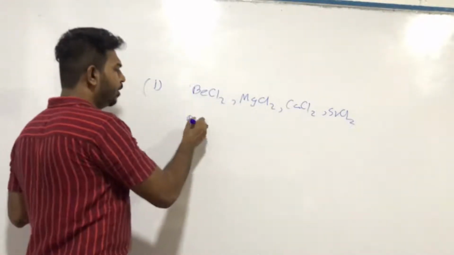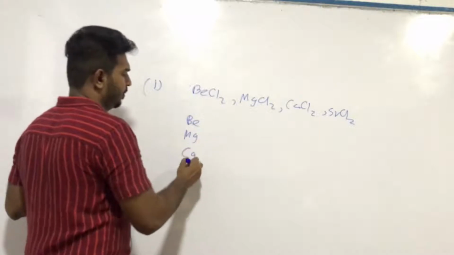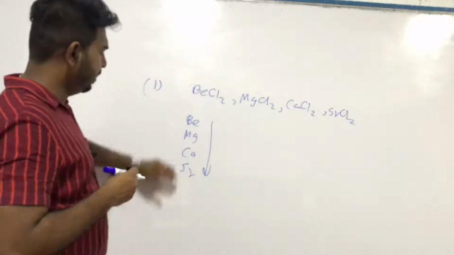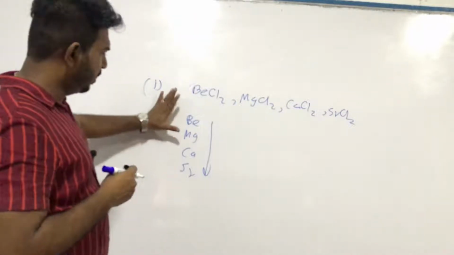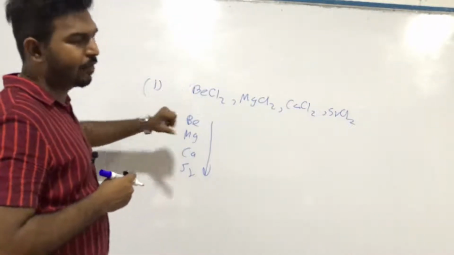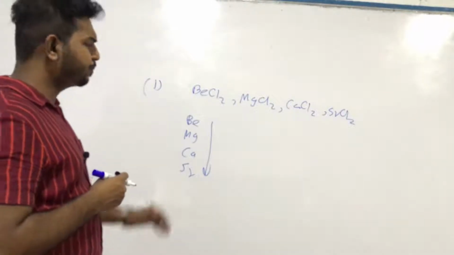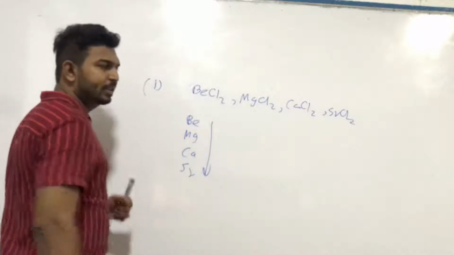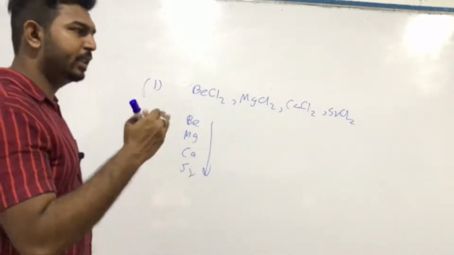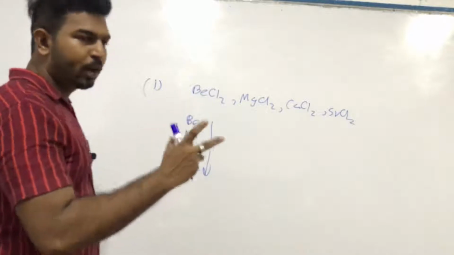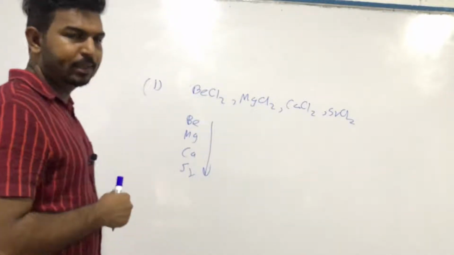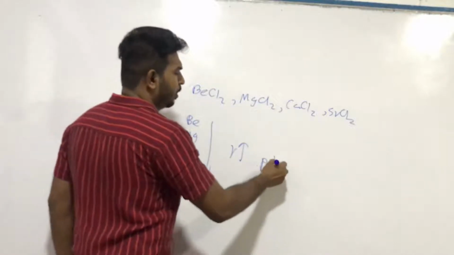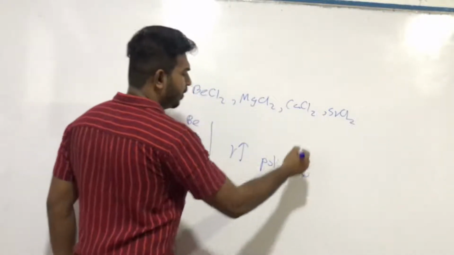When we go downwards the group, we know that the radius increases.